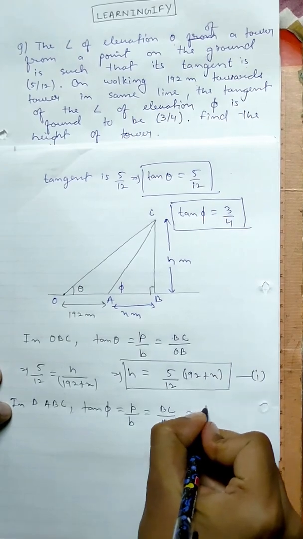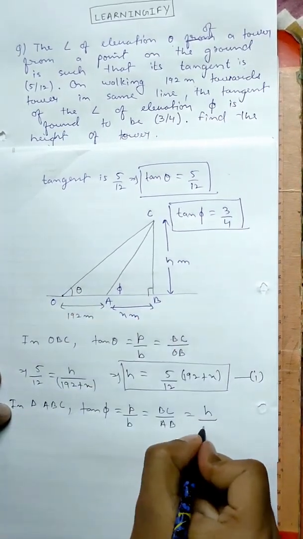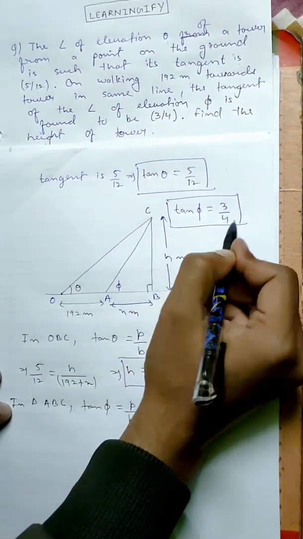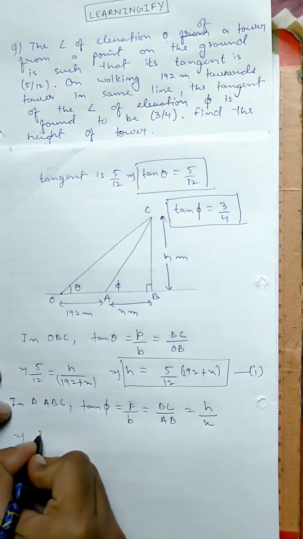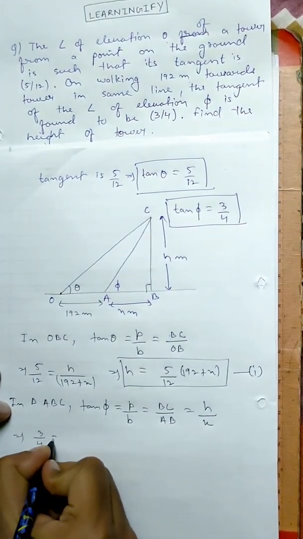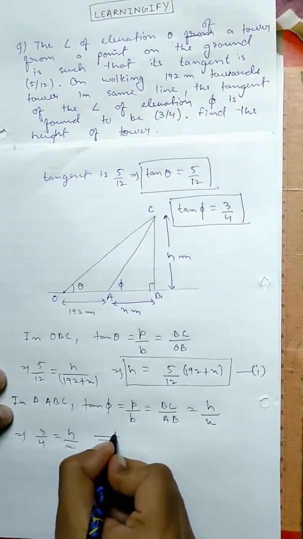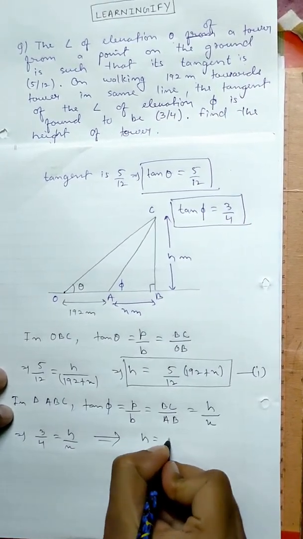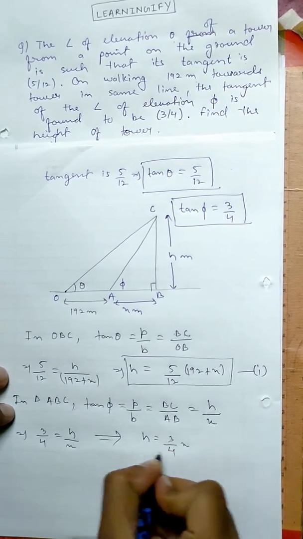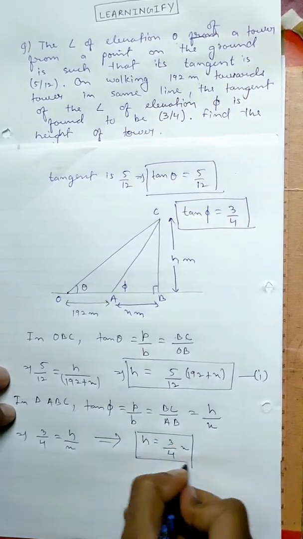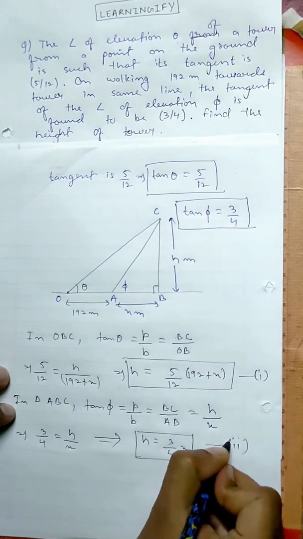So BC is again h and AB is x, and tan phi value is 3 by 4. Therefore 3 by 4 equals h by x. Then h equals 3 by 4 of x. Again this is our second equation.